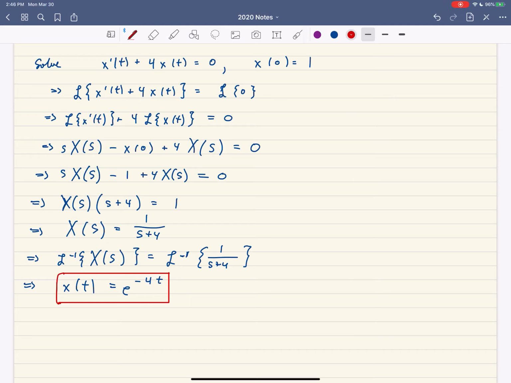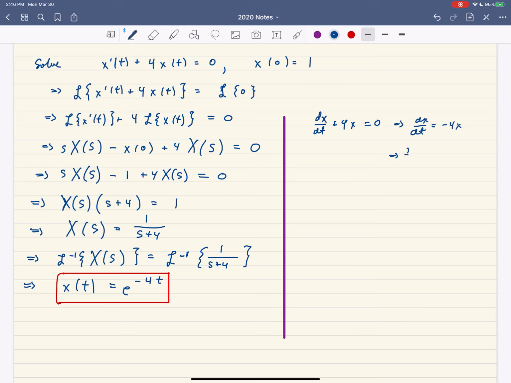Anyways, but if this question was on an exam, this is a terrible way to do the problem, right? Because really all we're trying to do is figure out what's the function x where x prime plus 4x is 0. This is a separable differential equation. This means that if I were to move negative 4x over, dx dt would be negative 4x.